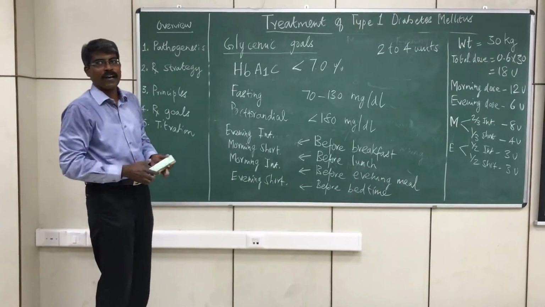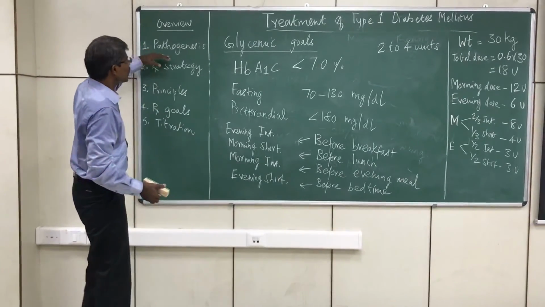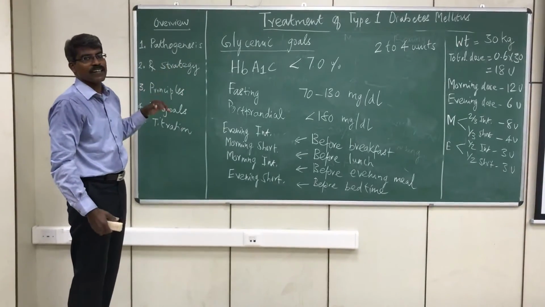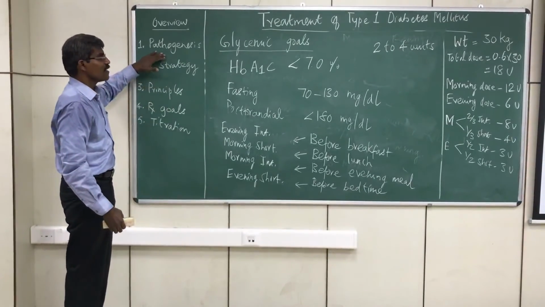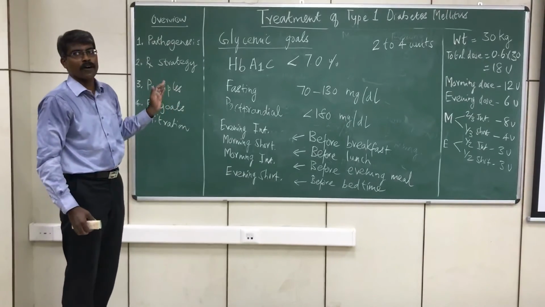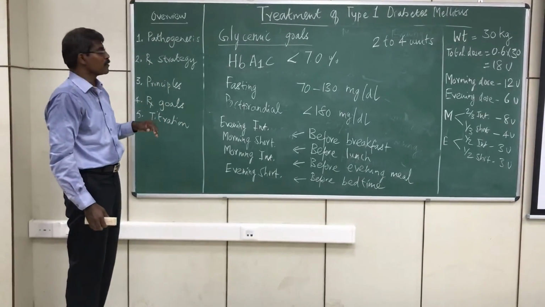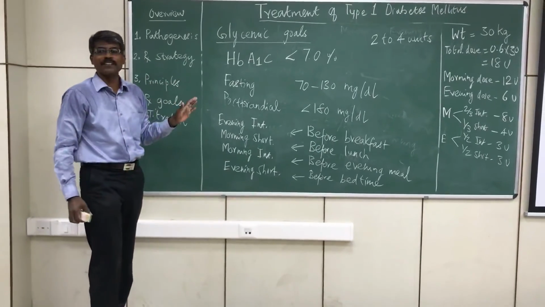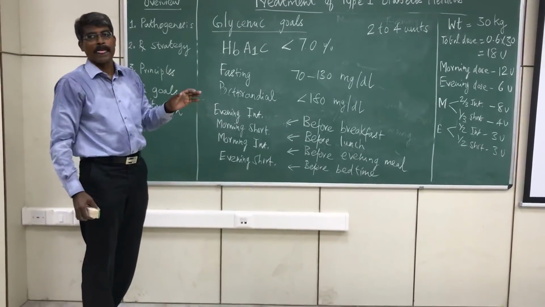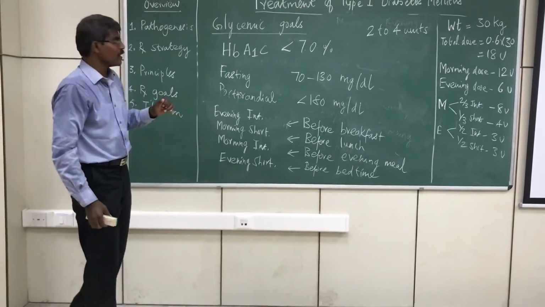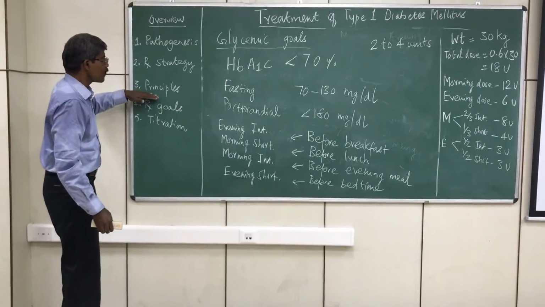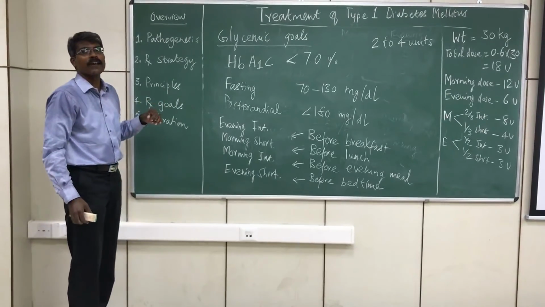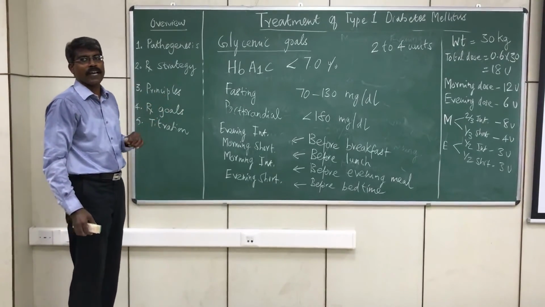So to summarize, what have we seen in this session? We saw that type 1 diabetes is due to immune mediated beta cell destruction, and because beta cells are destroyed, there is absolute or near total deficiency of insulin. So our treatment strategy becomes very simple. We have a deficiency of insulin, so we need to give insulin exogenously. 3 principles operate for initiation of insulin therapy in a type 1 patient.